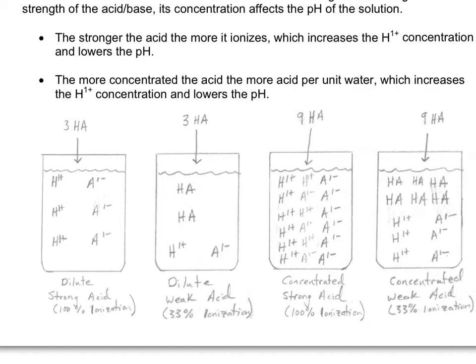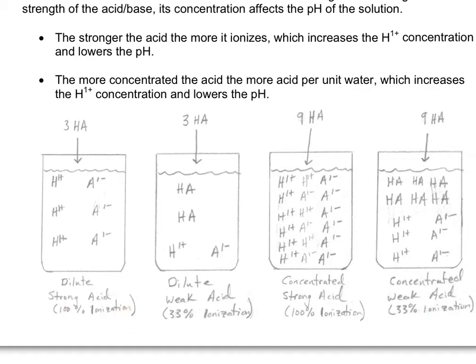Now hold on a minute. Did you notice in beaker 1 and in beaker 4 they both have 3 H+ made? Because the pH scale is based on the concentration of the H+ ions in the solution, beaker 1 and beaker 4 would have the same pH. In beaker 1 we have a strong acid with a low concentration.